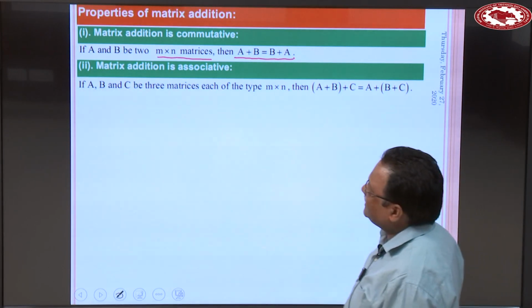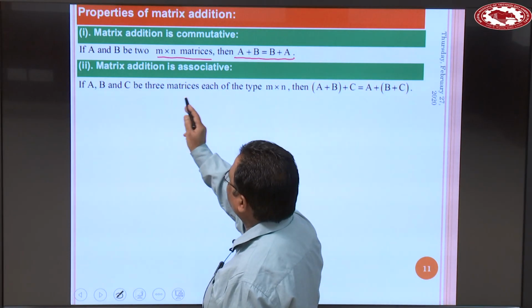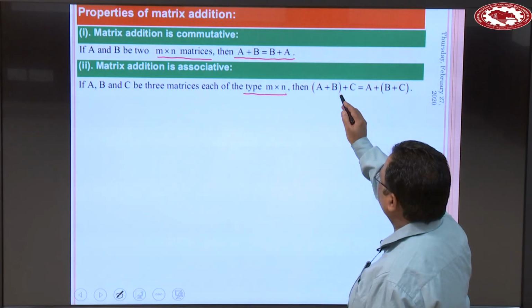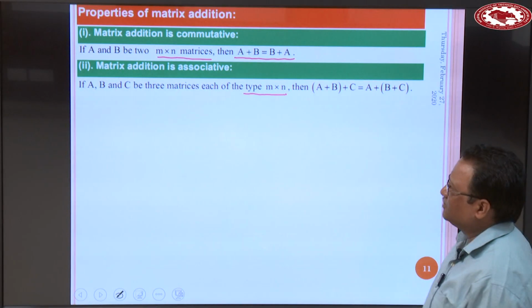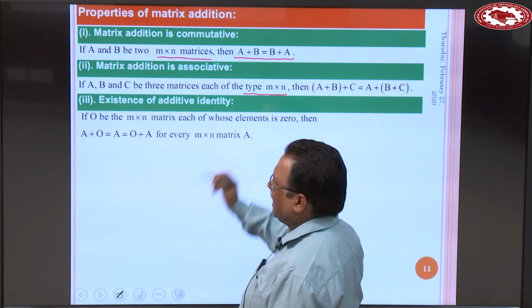Now, second property is matrix addition is associative. This means if A, B, C are three matrices and each of the type m by n, then A plus B plus C is equal to A plus B plus C, with the grouping changed. So, matrix addition is associative. Existence of additive identity.